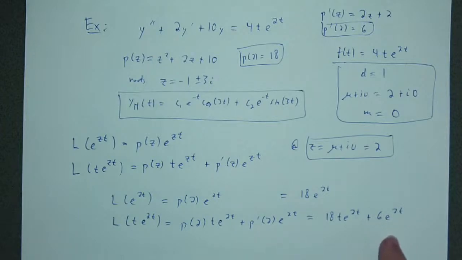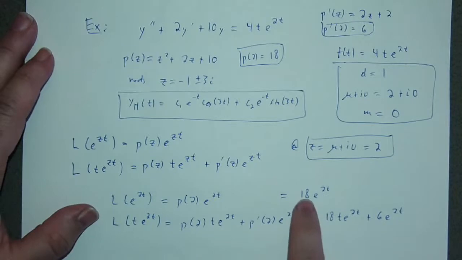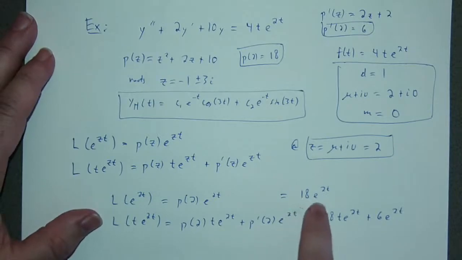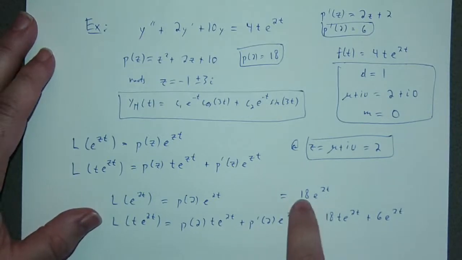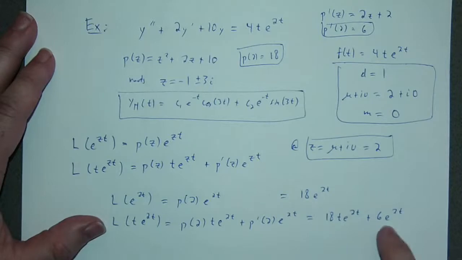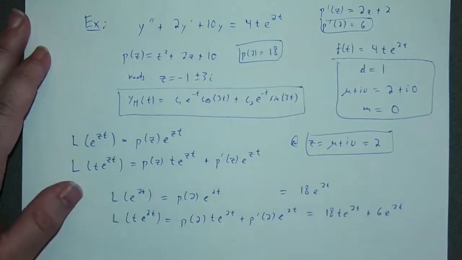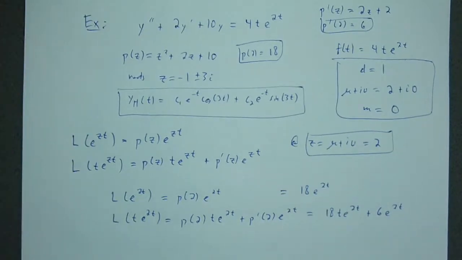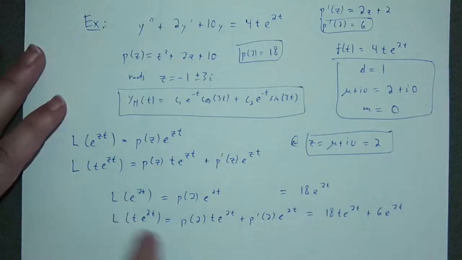I want it to go away. Well, if I want it to go away, what I can do is multiply this by 1/3, which turns it to 6 e to the 2t, and then subtract it from this equation. And I want to keep track of that here.